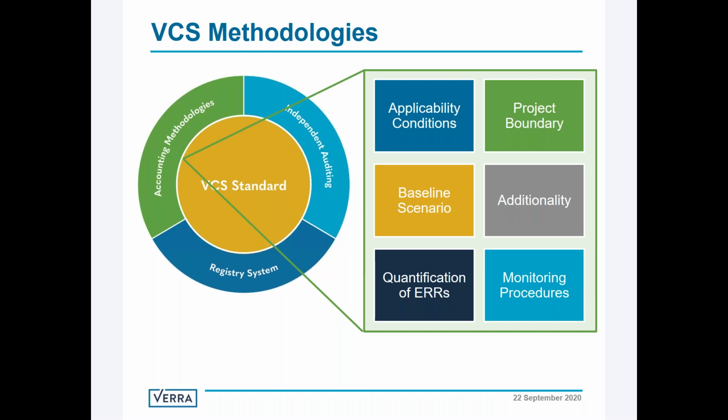And finally, methodologies set out procedures and specific equations for how projects quantify their emission reductions and removals that can be issued as carbon credits, and also specific procedures for how projects are required to monitor the implementation to ensure that their activities can be verified, and therefore the greenhouse gas benefits can be issued as carbon credits.